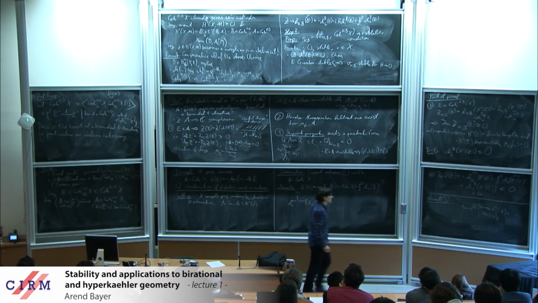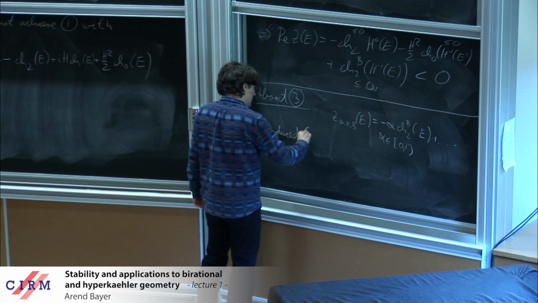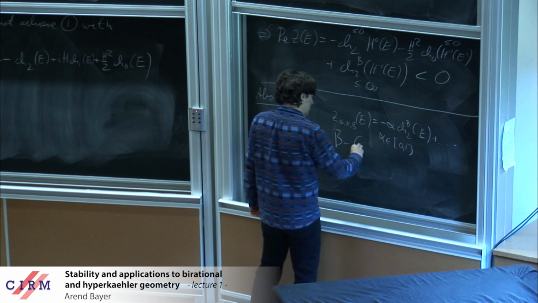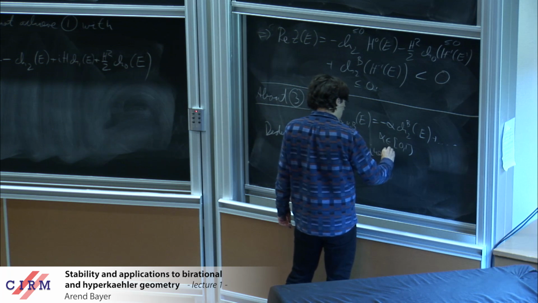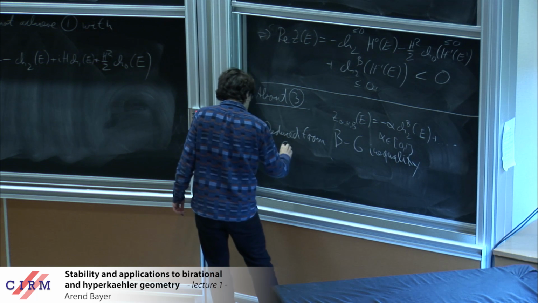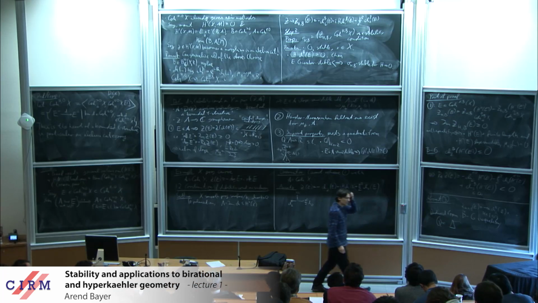Right? So it's deduced from the Bogomolov-Gieseker inequality. And really the only thing you have to do is, the quadratic form would really be the discriminant.